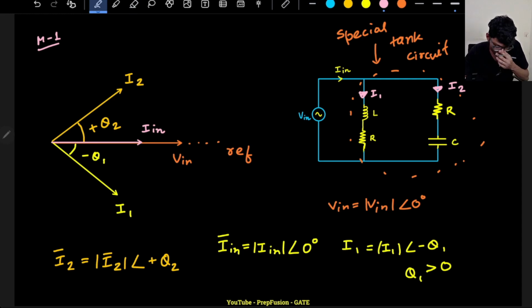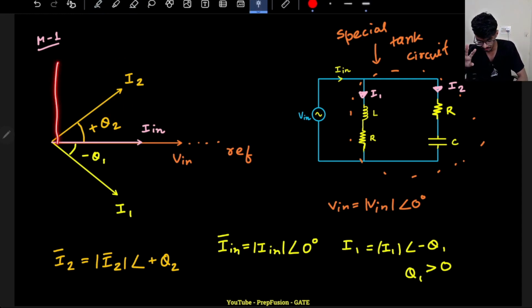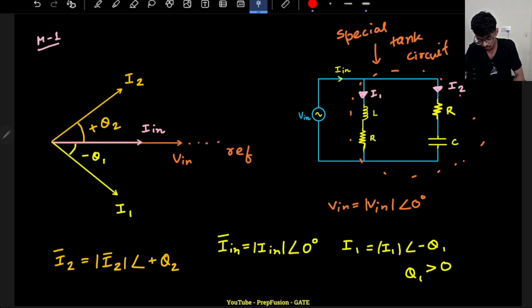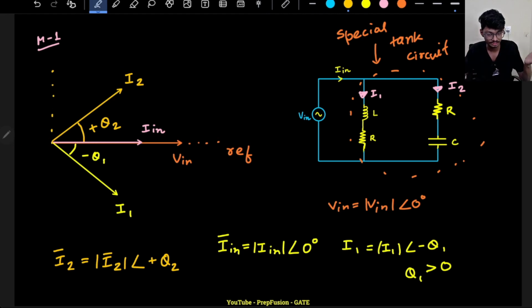An important point to note is that this I2 will have two components, one along the y axis and one along the V in. So this I2 I can break into components here. I'm just explaining the question, I'm not actually solving it. If I were solving it, I would do it much faster, but as I am explaining, I am going very slow.